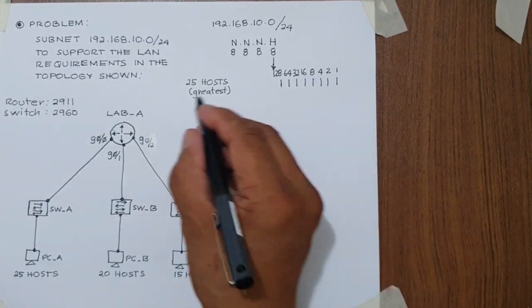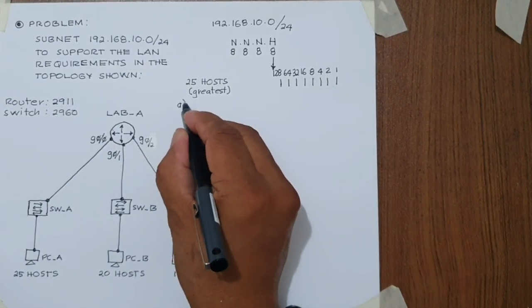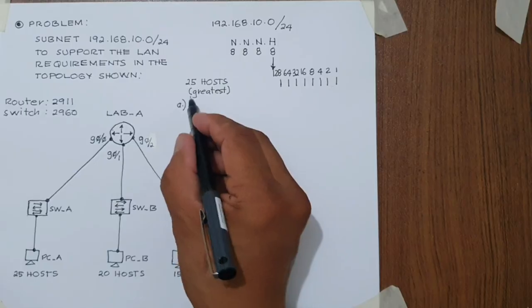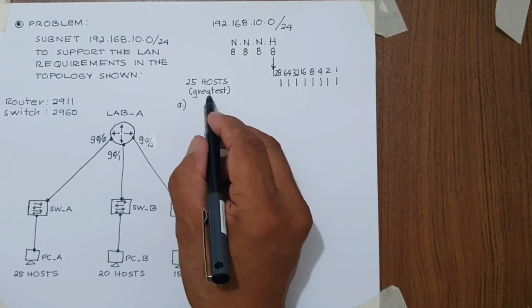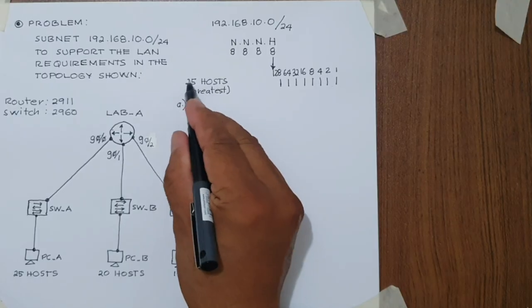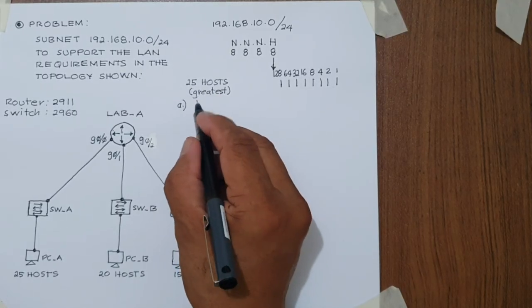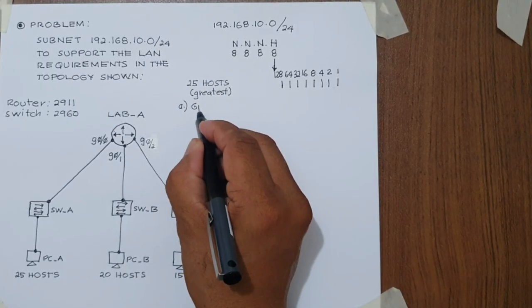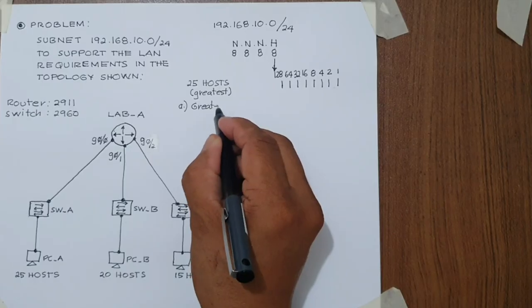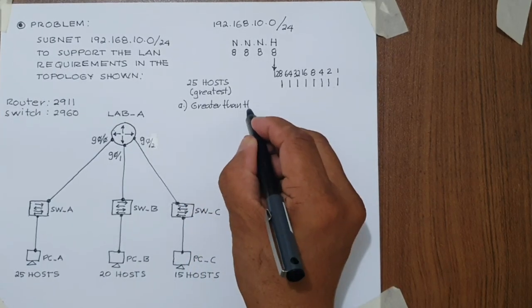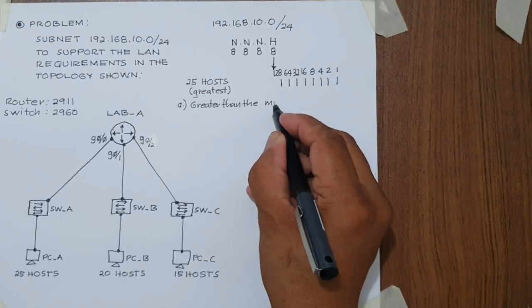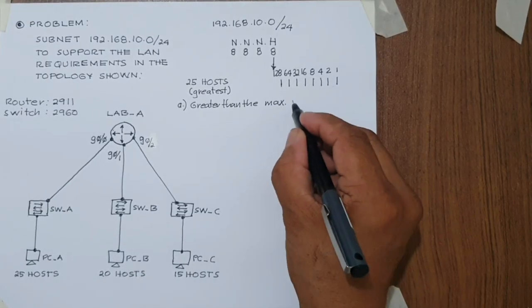What are these requirements? First, the number must be greater than the identified greatest requirement, the maximum requirement.